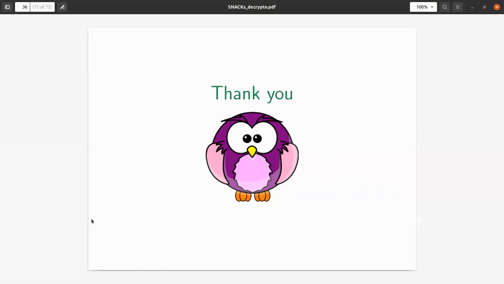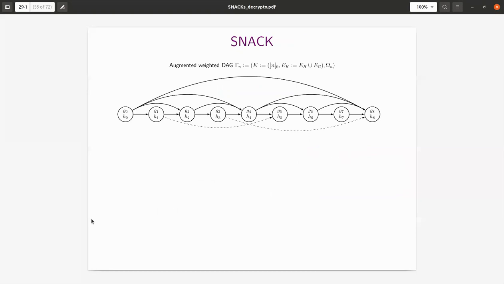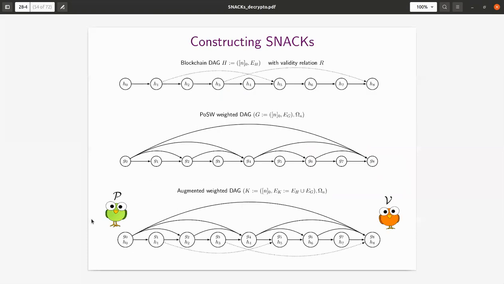So the thing is that what we construct is generic, it doesn't really talk at any point about proof of stake or proof of space or proof of work, but the question is whether the guarantees you would get would be meaningful or not. For example, if you apply it in the proof of work setting, you know that once the verifier accepts a proof, the prover must know of an alpha valid path.